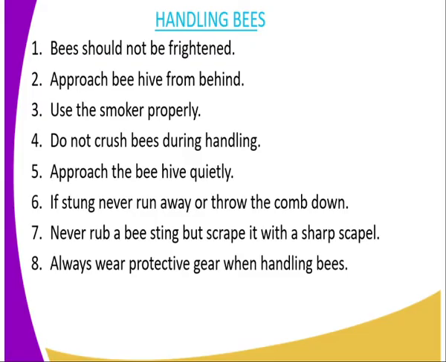You're not supposed to frighten the bees, because if you frighten them, they become aggressive and they attack you accordingly. Then number two, approach the beehive from behind. Yes, you should respect the beehive, and the bees, once you approach the beehive from behind, they will not see you, and therefore you are supposed to approach quietly.